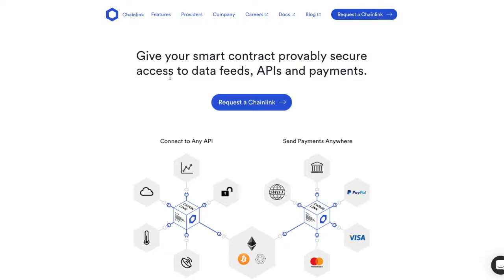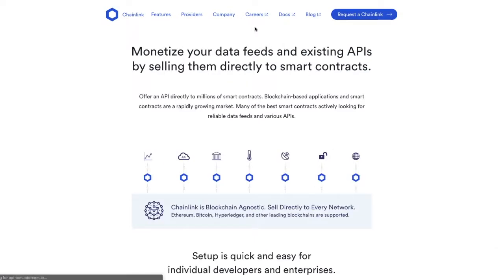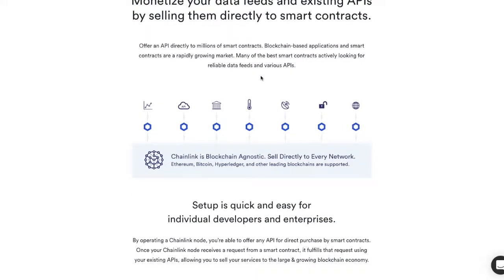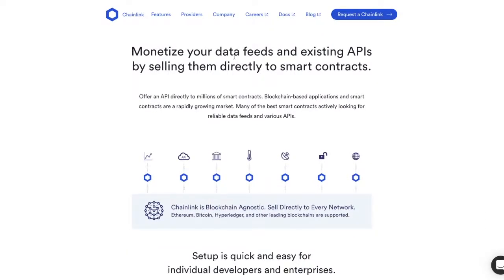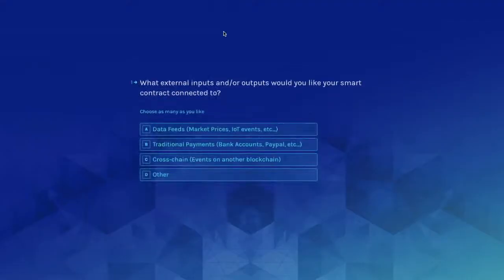It provides the external data that is necessary to trigger smart contracts with predefined conditions, such as perhaps receiving a payment or a price fluctuation. So it will provide an external data source that is necessary to trigger smart contract execution with predefined conditions. According to the developers, the Chainlink network also said that it will allow anyone who has a data feed or an API data connection to provide them directly to smart contracts in exchange for Chainlink tokens.